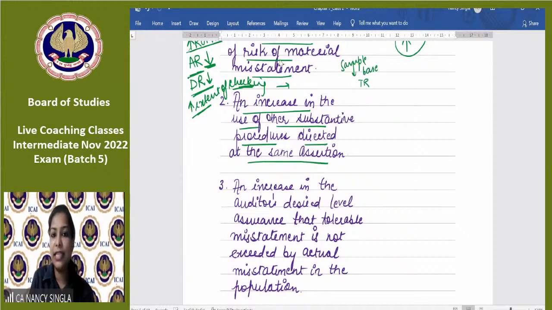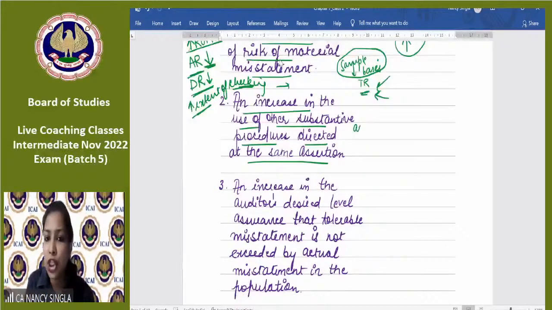He's checking a certain assertion of trade receivable on a sample basis. He's applying certain other procedures also. So tell me, can this sample size be lower? Because the assurance that he wants, he can obtain that assurance from these substantive procedures also. So a lower sample size will be sufficient.